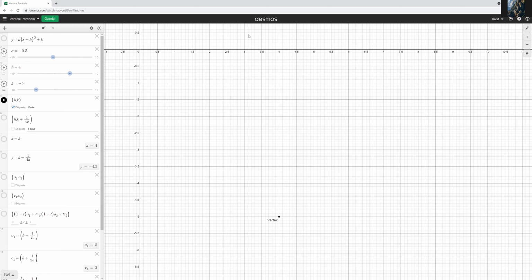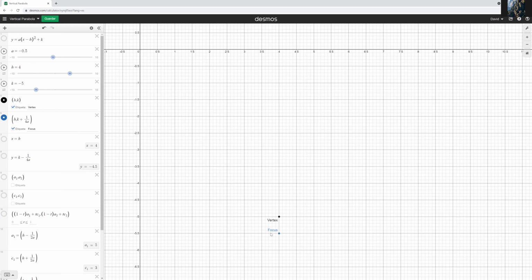So from this 5.5, we're going to move all the way up to 4, just a little bit down from the vertex, and we will have our focus there. We have marked the vertex and the focus.